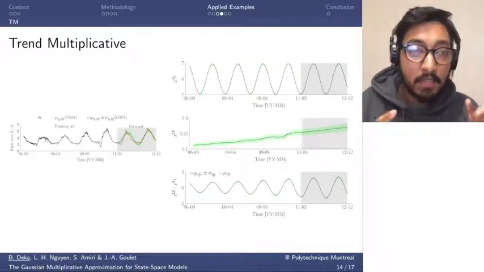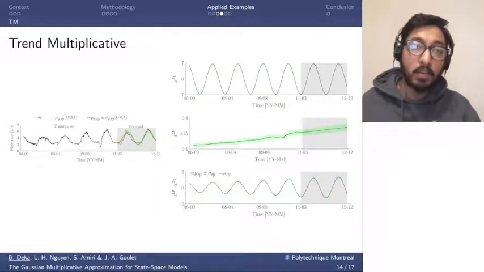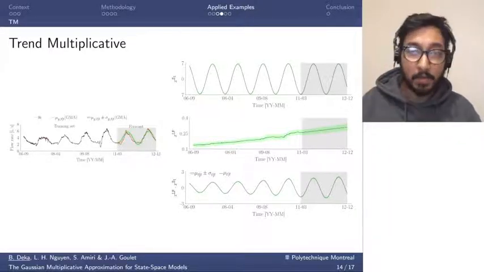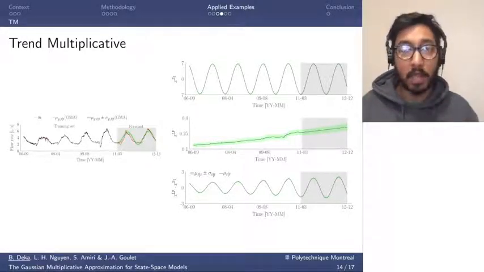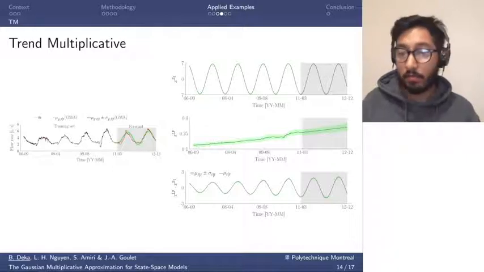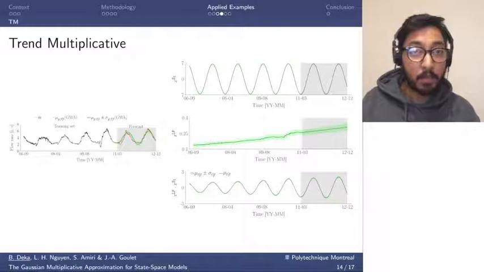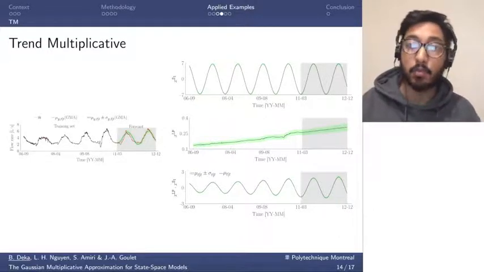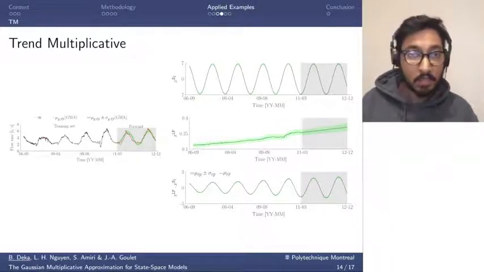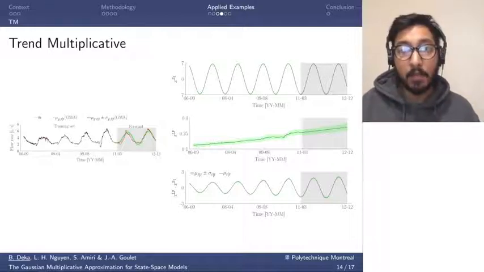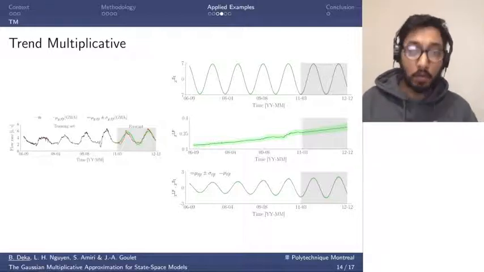Now, this prediction was obtained using the following hidden states. We have the constant periodic pattern, as I mentioned, for which we had to multiply two hidden states. One of which is the periodic pattern, represented by XS1. This hidden state is multiplied by XLP, which is the baseline that is evolving over time.